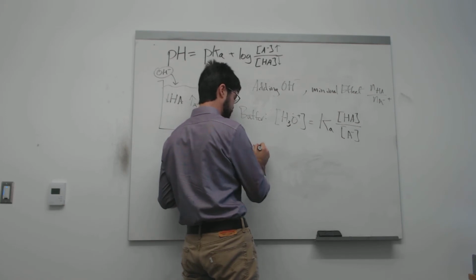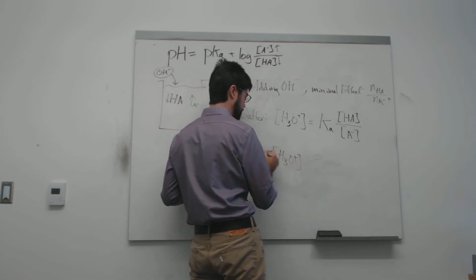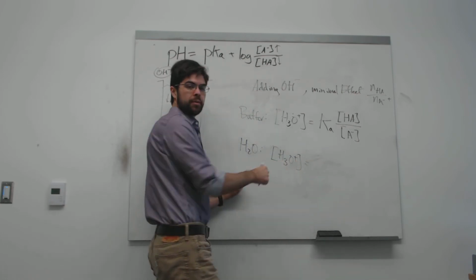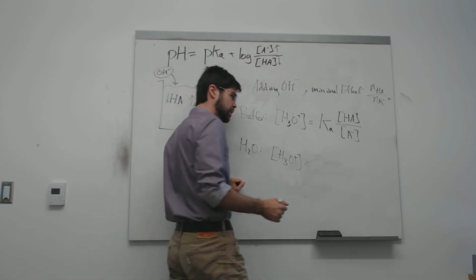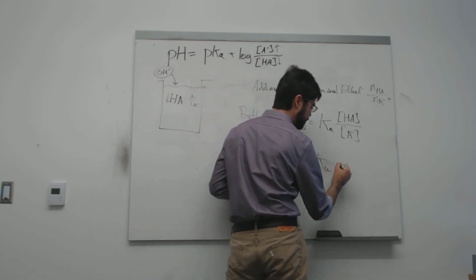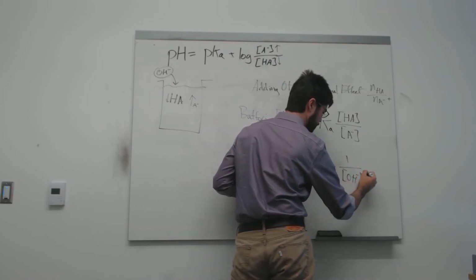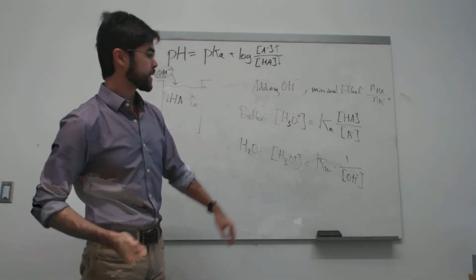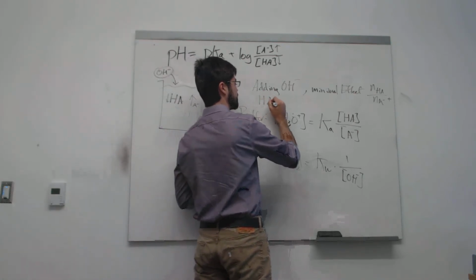For just pure water, a different equilibrium controls it. The hydronium concentration is determined by the autoionization reaction, in which case it should be equal to Kw times 1 over the hydroxide concentration. So again, this one was for an equilibrium between a weak acid and its conjugate base.